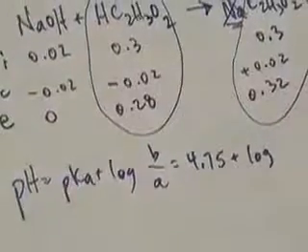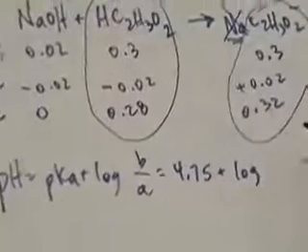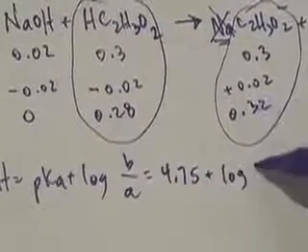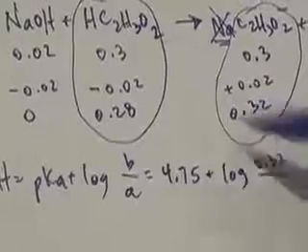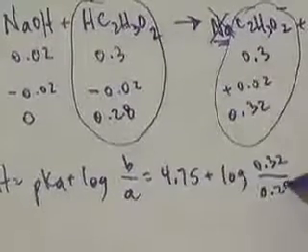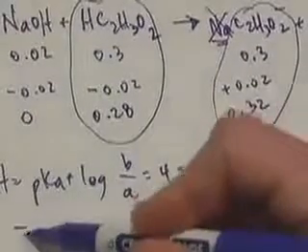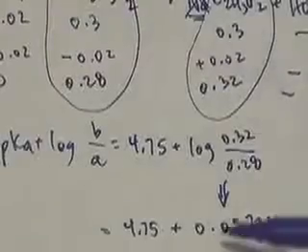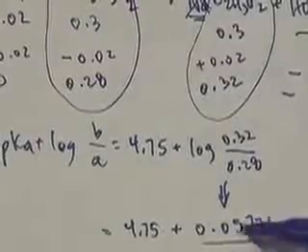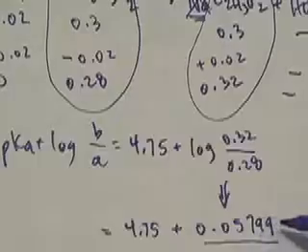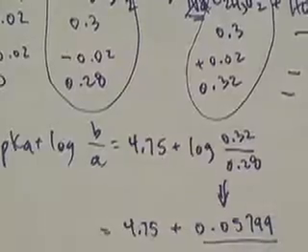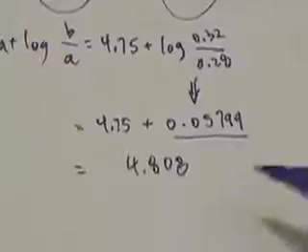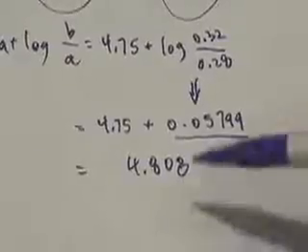And then we take the log of the base, and the base concentration in this case is 0.32, divided by the acid, which is 0.28. And you can tuck that into your calculator. And when you put that in your calculator, you get 0.05799. Add that to the 4.75, and you end up with a pH of 4.808.